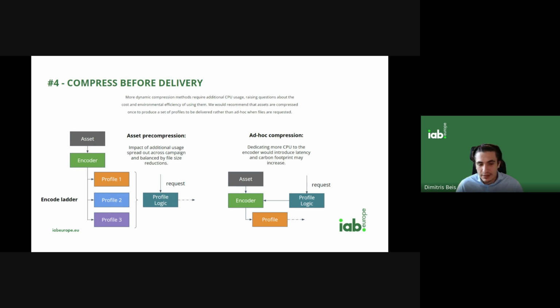So in essence, if you have an encode ladder, it's much easier to play around with compression and come up with better results. If you're doing it ad hoc, which in some cases might be necessary, when you're doing things like DCO, for example, you can't really do it with an encode ladder sometimes. If you're doing it ad hoc, it's much harder to optimize for compression.